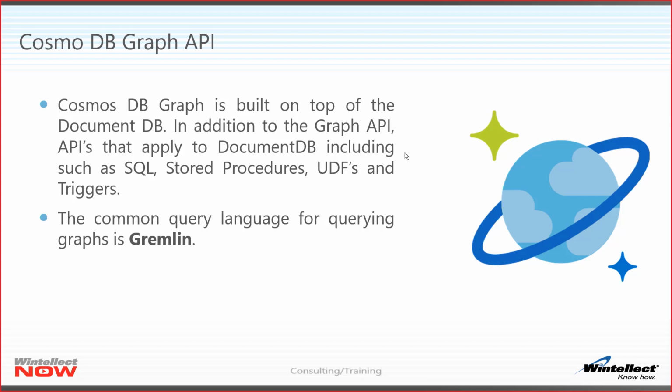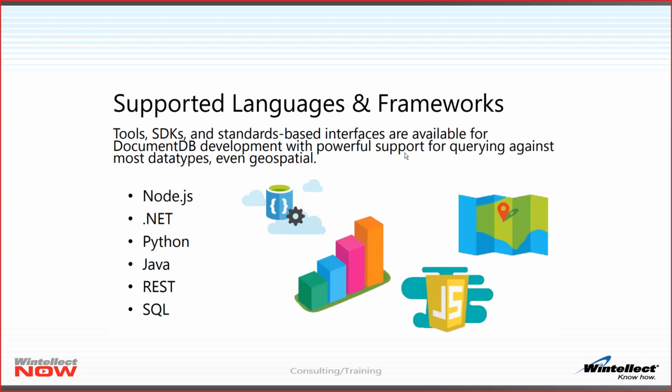I want to know all the cities connected to Atlanta by way of an interstate. That would be one use case for the way this works, and that's how you start with your query. You start with a vertex and you work out from that vertex.